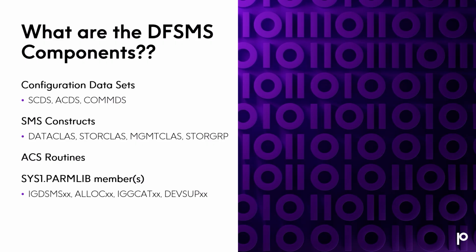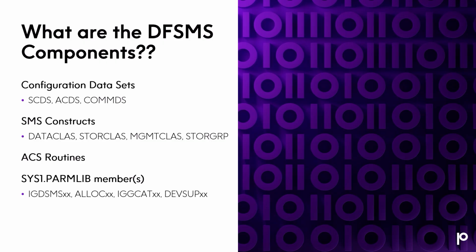The SMS configuration itself consists of the four classic SMS constructs, data class, storage class, management class, storage group, that define what the policies are as to how a data set should be created and where it should reside. And then the ACS routines, or the automatic class selection routines, assign those constructs, except for storage group, to a data set.